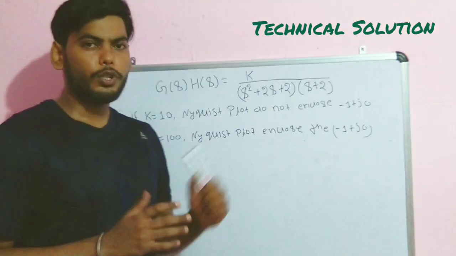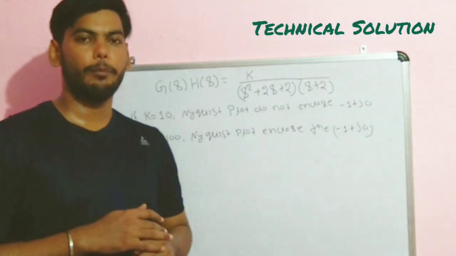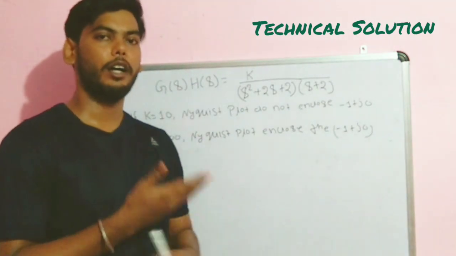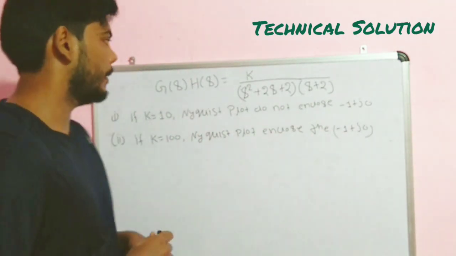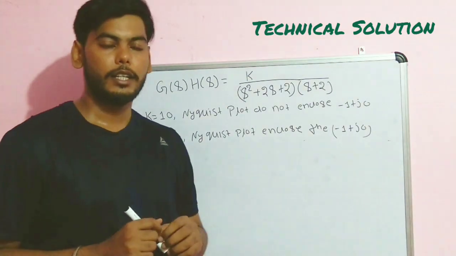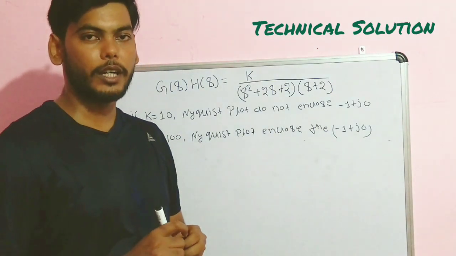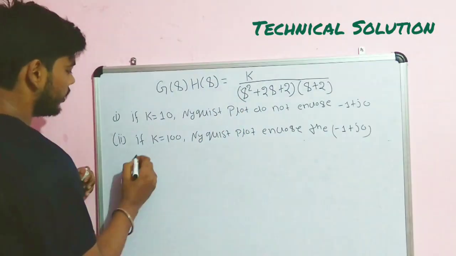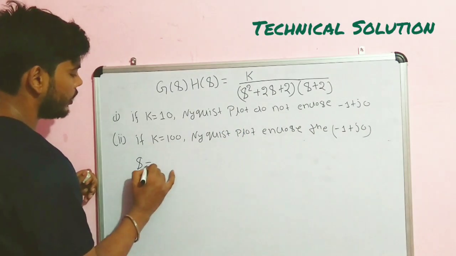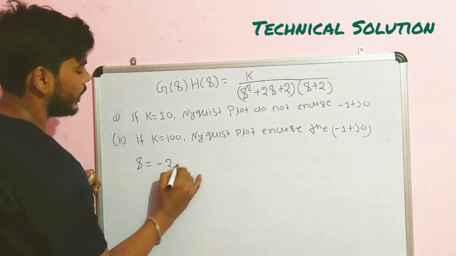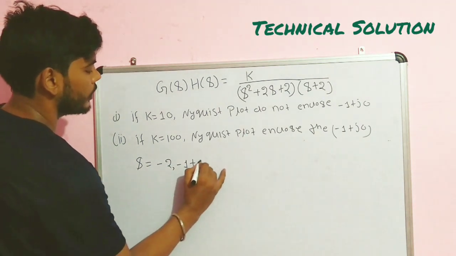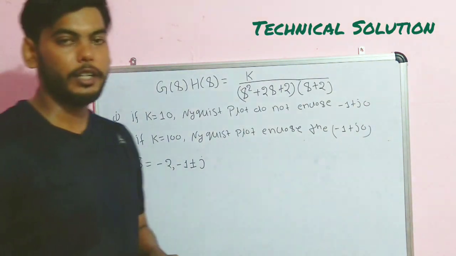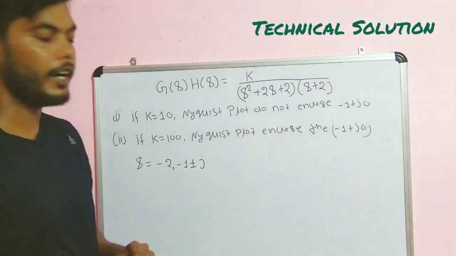In this question, first we find the number of poles that lie on the right side or left side of the S plane. The poles are the points where the function becomes undefined. So for this transfer function, at the points minus 2 and minus 1 plus j, minus 1 minus j, the function becomes undefined.